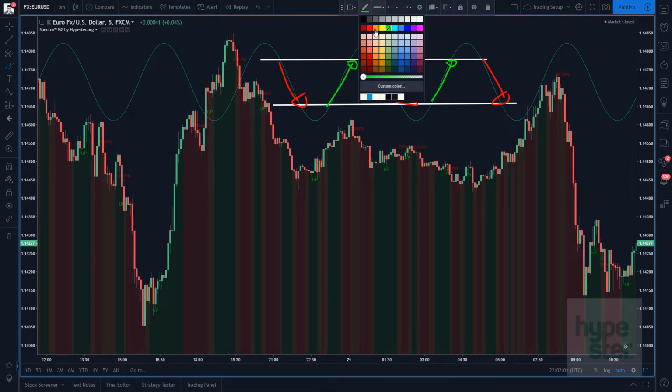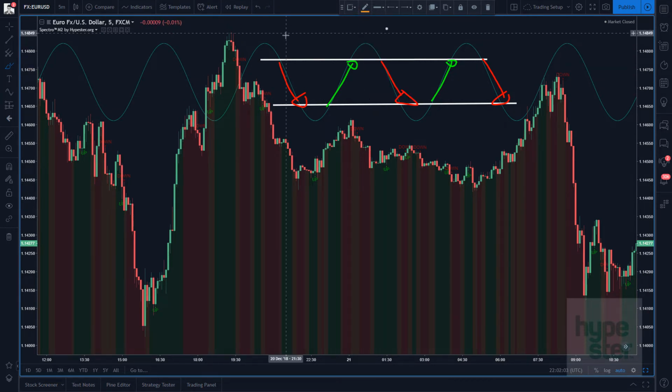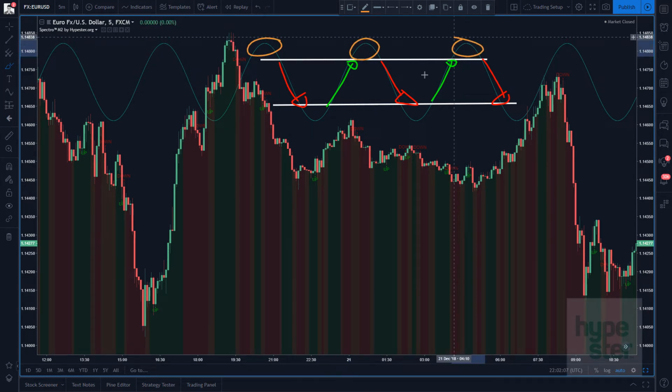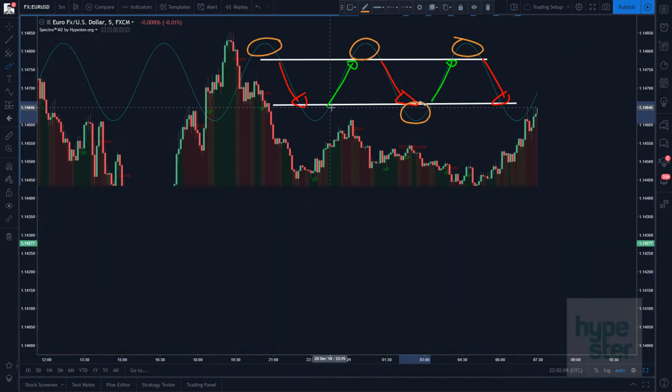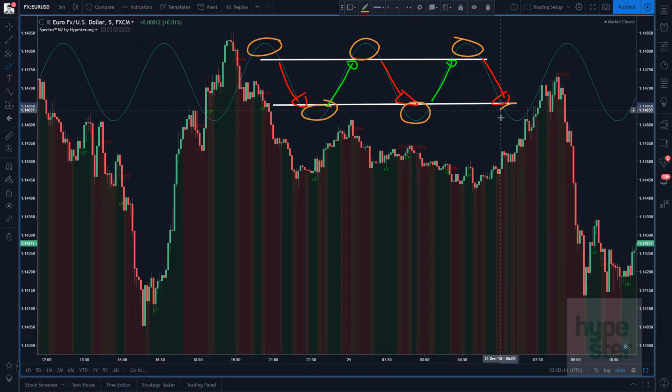But then you have the transition zones. All right, and from that you already understand the indicator. The transition zones are the orange zones, and the green and the red are the bullish and the bearish.